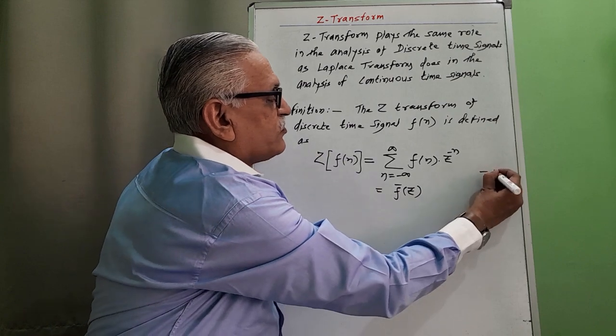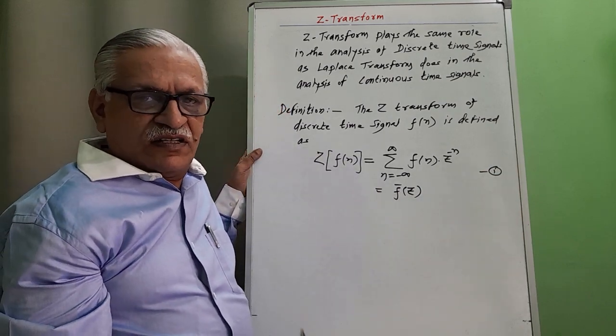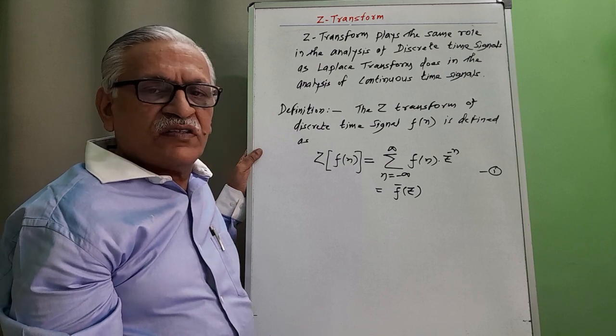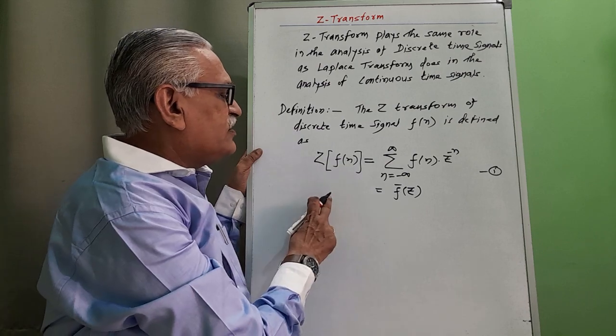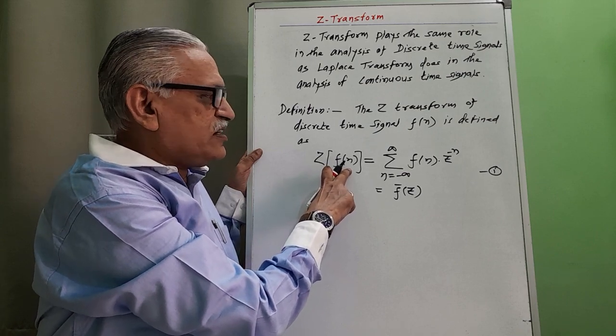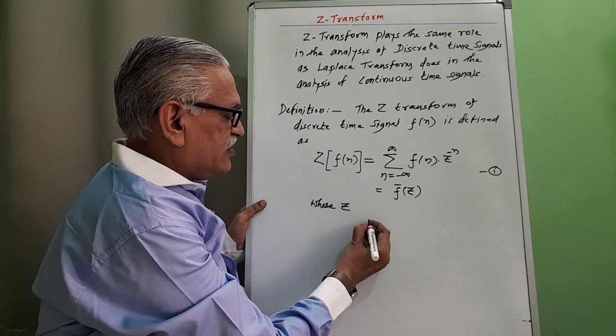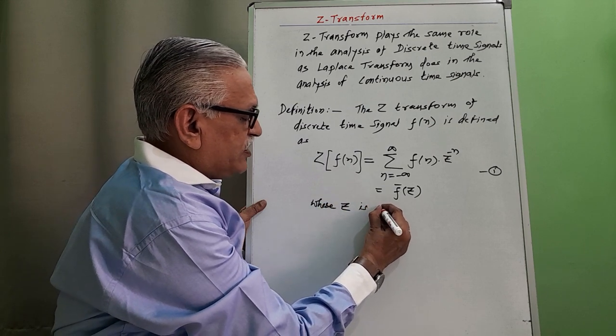We call this equation 1. This is the basic definition or the basic result to find Z transform of any discrete function f of n, where that small z is complex number.